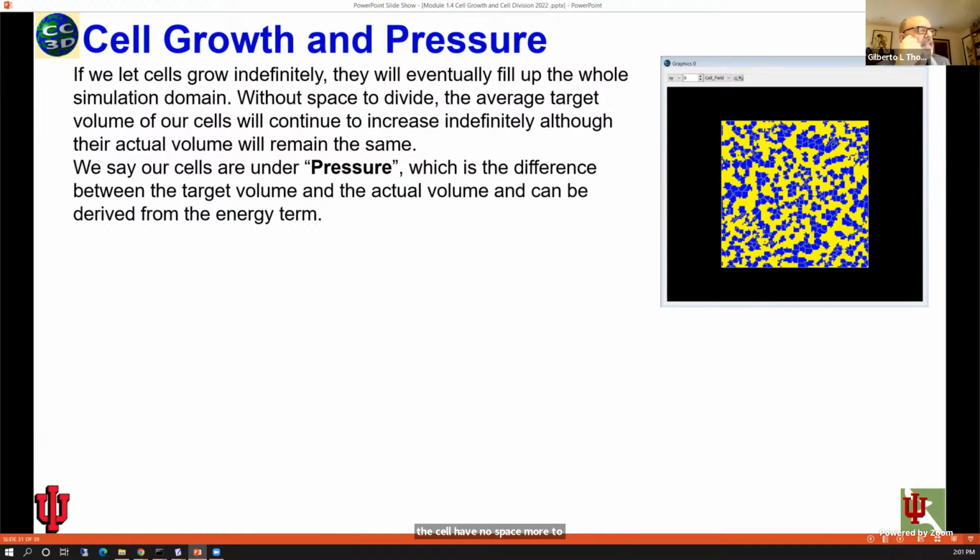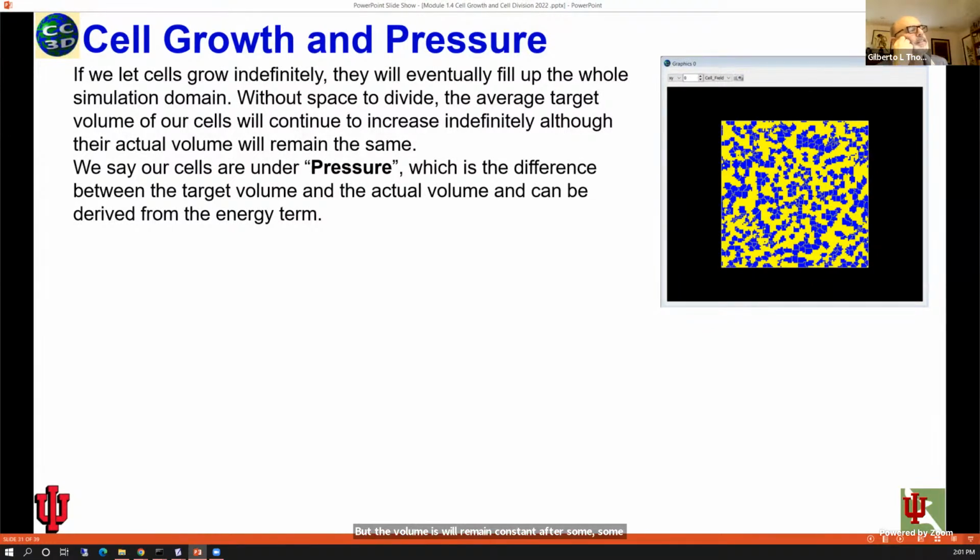Even so, with the rules you have in your simulation, the target volumes will continue to grow, but the volumes will remain constant after some stage is reached.